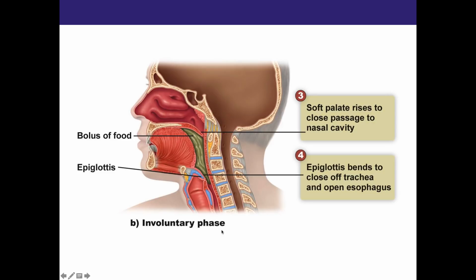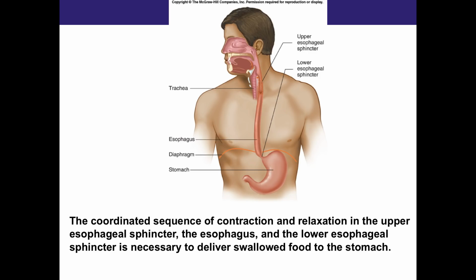Okay, so then we talked about the esophagus itself. Do you remember which type of muscle is controlling the upper esophagus and which type is controlling the lower esophagus? There was a distinction. Perfect. Skeletal muscle is controlling the upper esophagus. Smooth muscle is controlling the lower esophagus.